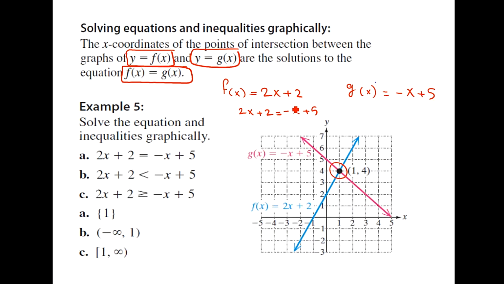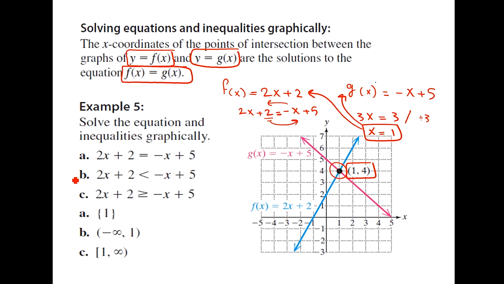Move the negative x and move the 2, we conclude 3x equal 3, divide by 3, so x equal 1. We can substitute x equal 1 in f or in g to find the point. So we have (1, 4). This is the intersection point.